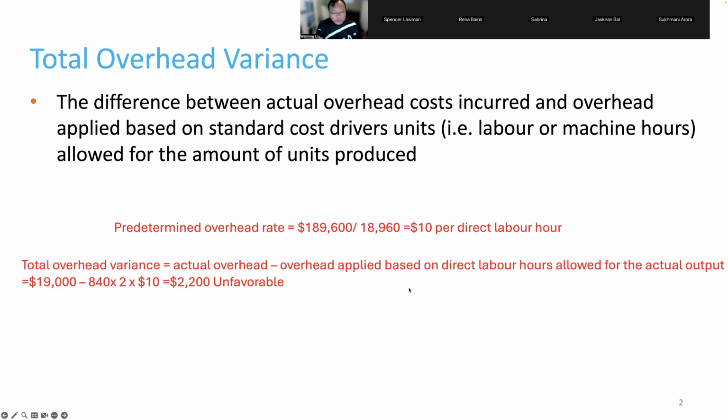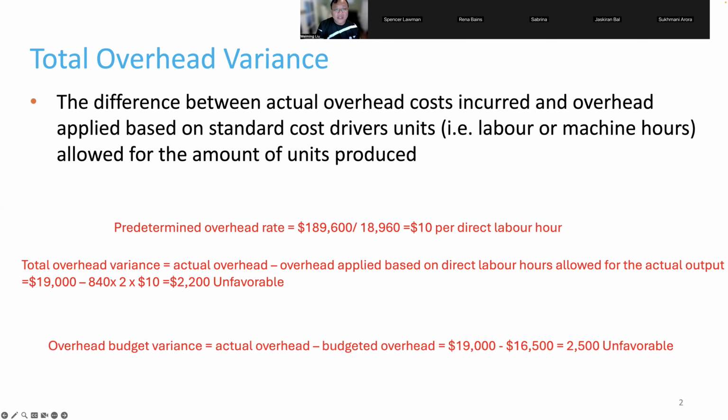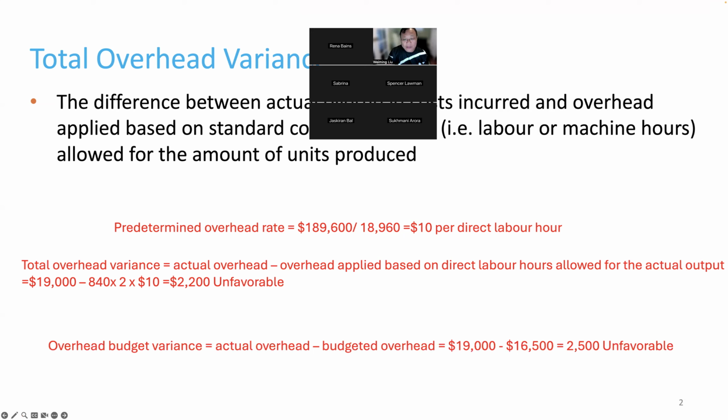The actual output in May is 840 units, each unit allows 2 direct labor hours, so times 2, and for each direct labor hour the predetermined overhead rate is $10. Therefore, I calculated the overhead variance is $2,200 unfavorable. This is how I calculate the total variance.